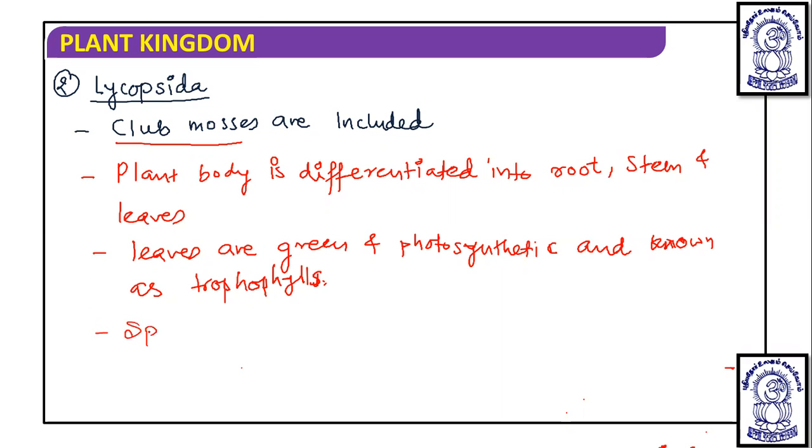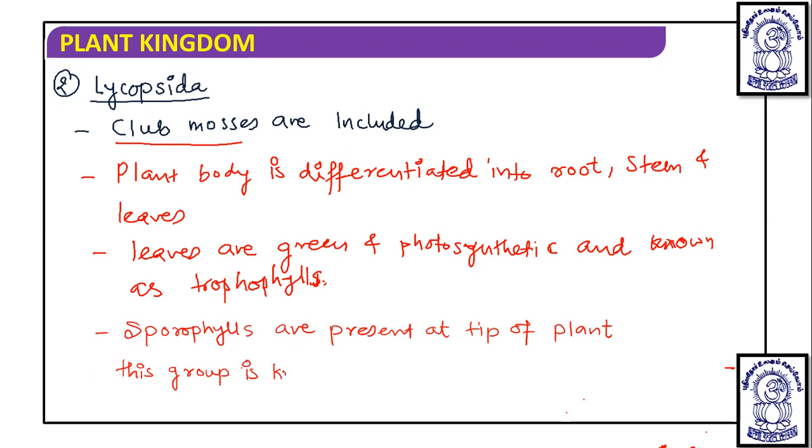The sporophylls are found at the tip of the plant, and this structure is known as strobilus or cone.